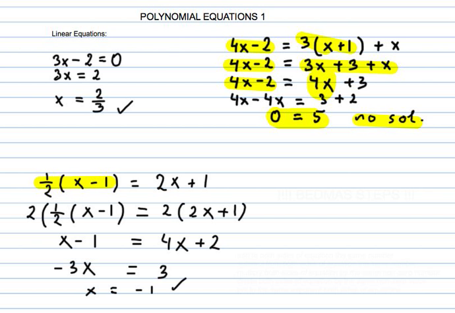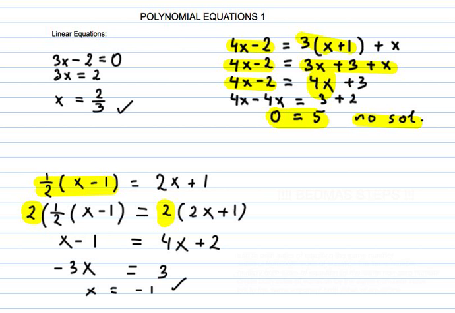You can multiply by 1 over 2 every term inside of the bracket and then work with that in the next step, or we can multiply both sides by 2, which would eliminate our fraction because the denominator is 2. So by multiplying both sides by 2, 2 times 1 over 2 will make that fraction disappear.